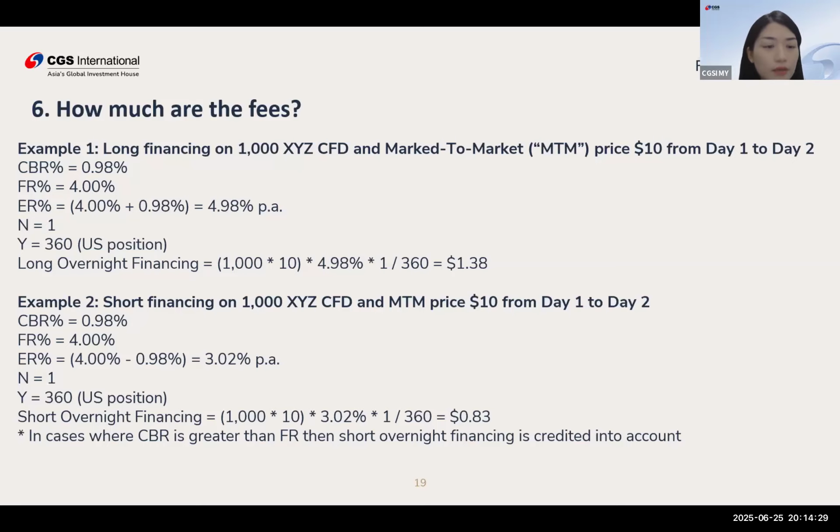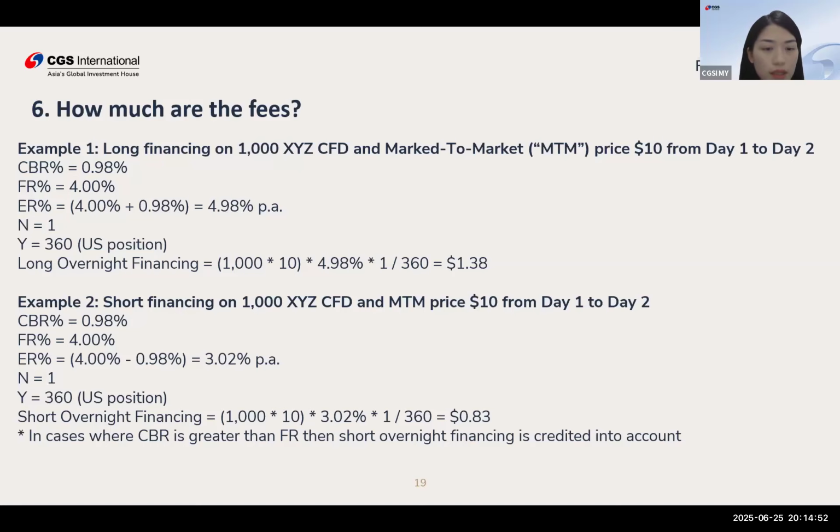And then if you are shorting, you are holding a short of this XYZ CFD, same thing, 1,000 units and $10 from day 1 to day 2. The central bank rate and financing rate are the same, but your effective rate will be 4% deducted by 0.98%, which is 3.02%.